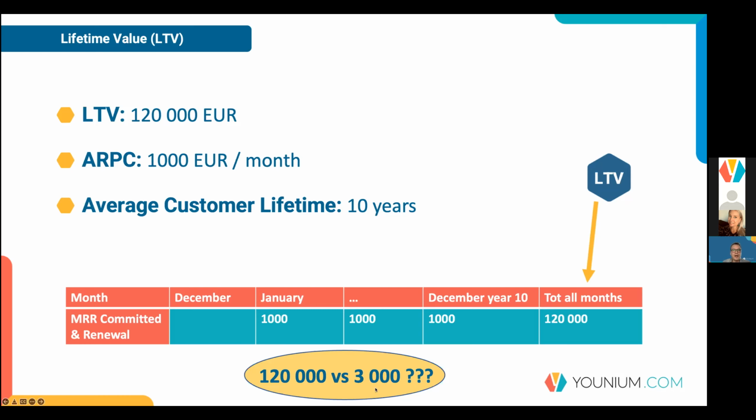Comparing the 3,000 that we have invoiced in December, which our financial system is saying, to the 120,000, which is the lifetime value, that's a bit of a difference and might affect how you look at things and how you report on things and so forth, right? Obviously, you should look at both, but this might be super important also, and it's completely different to this one. All right, so that was LTV.